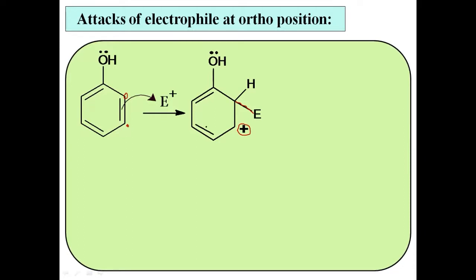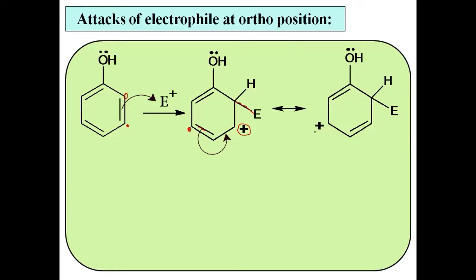Therefore, this pi bonded electron pair goes towards that electron deficient carbon, and there is a formation of a new pi bond between these two carbons. Now, this carbon acquires a positive charge, and we get another canonical structure for this Arenium ion.